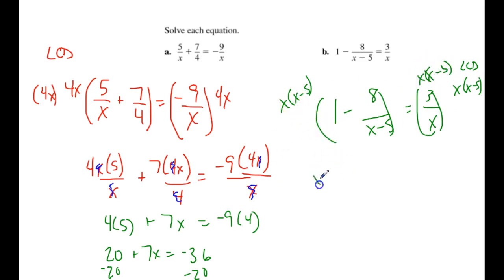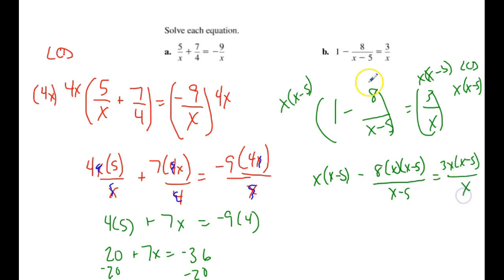So now I'm going to end up with x times x minus 5 minus 8 times x minus 5 divided by x minus 5 equals 3 times x minus 5 divided by x. So now again I see I have those similarities that I can cancel out. I know that x minus 5 divided by x minus 5 is 1, and I know that x divided by x is 1.